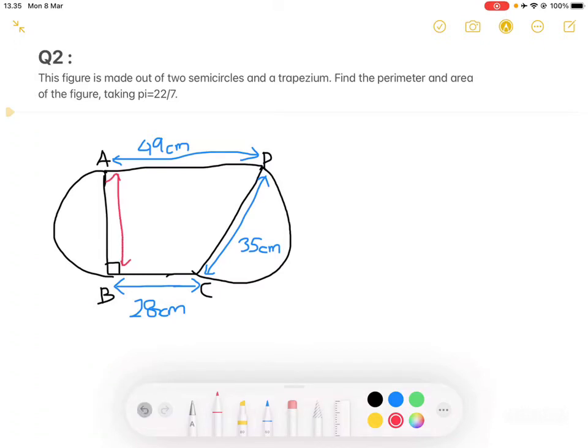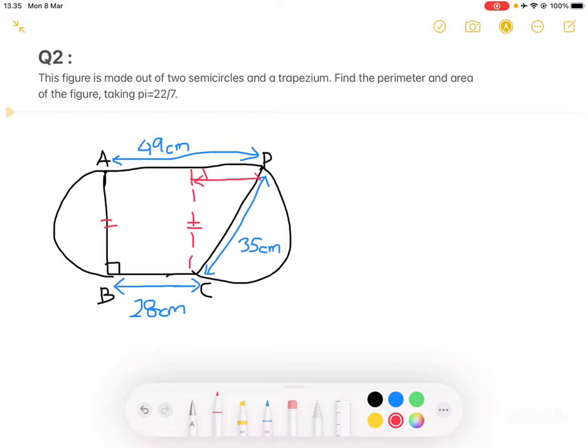And we can do that by using the Pythagorean Theorem by setting up a right angle triangle first. So I'll just draw an imaginary line right here. And notice this length is equal to this length, so just keep that in mind. So the hypotenuse of this right angle triangle is 35 centimeters.